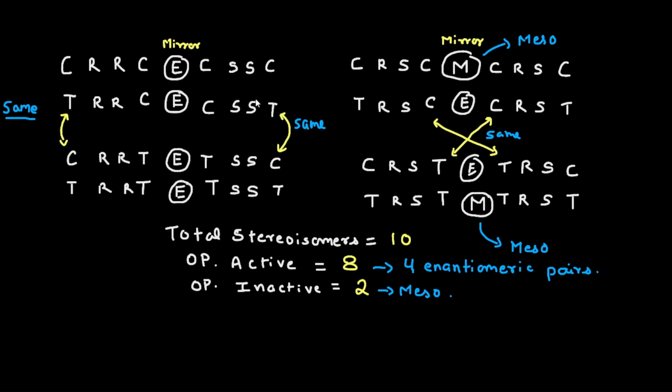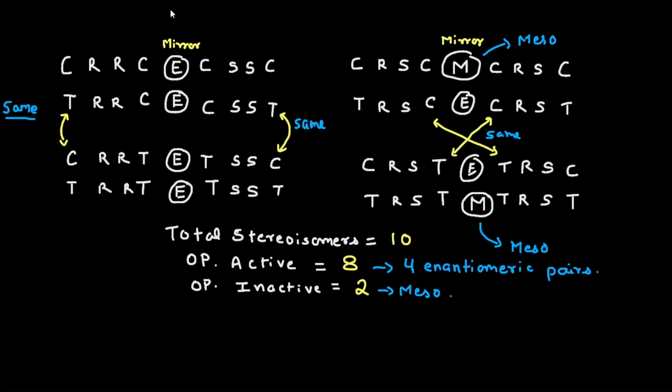Again, I will re-emphasize this statement. Out of these 16 possibilities, we have to see, are all these different, or are we taking the same possibility more than once. Then obviously the total number will not be 16, because we have to take different stereoisomers. We don't have to repeat the same more than once.